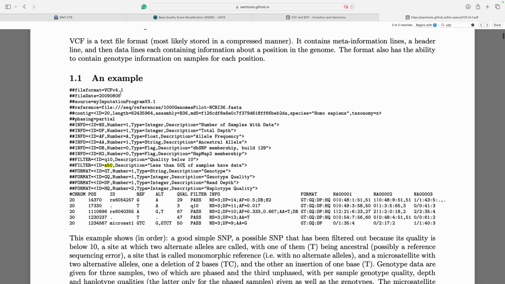So here this is the VCF file format, and here the meta information is given, and in the meta information we have info field and we have a filter field, and here we have key. So both info field and the format field, they have a key and the value.